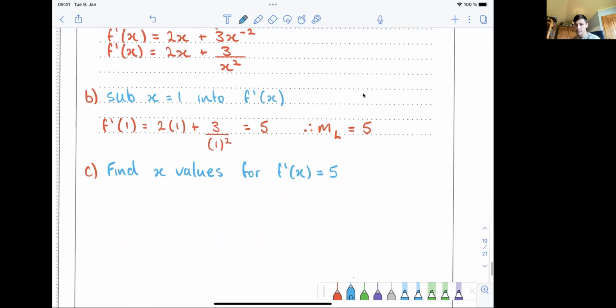Okay, so the best way to do this is to graph these on our calculator.